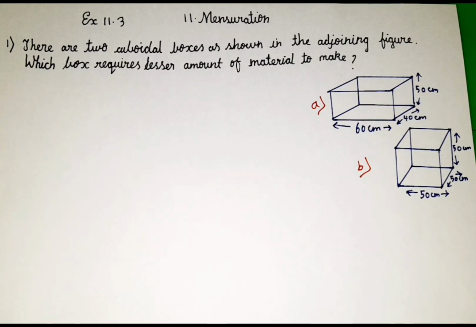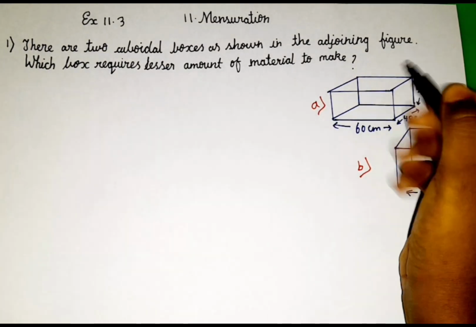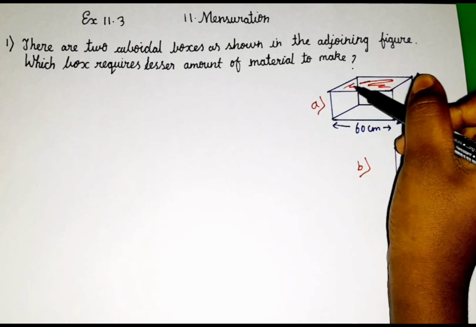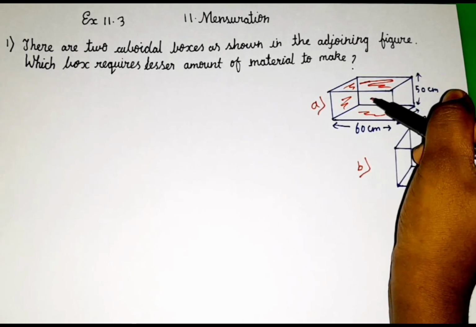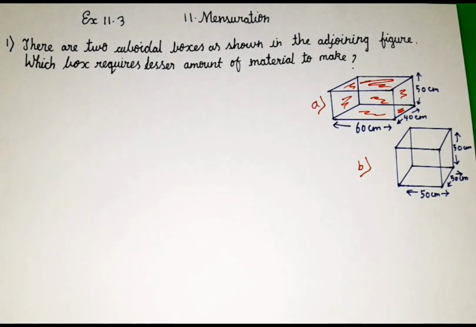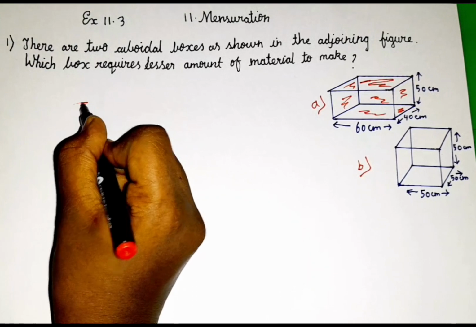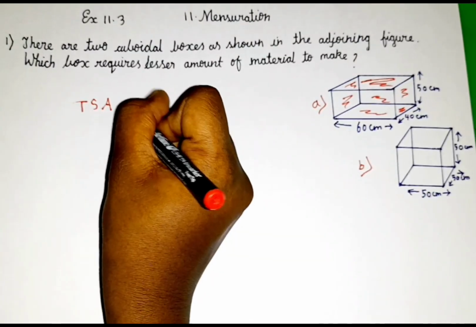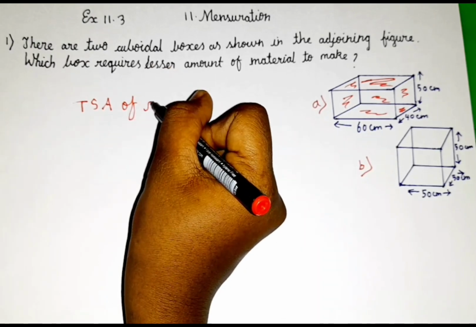So here you can see we have a cuboid. To make the cuboid shaped matchbox, I am keeping the matchbox, we'll just cover all these places. We are not going to leave any place. If we are covering all the places including the top and bottom, there is a formula, TSA, that is total surface area of cuboid.